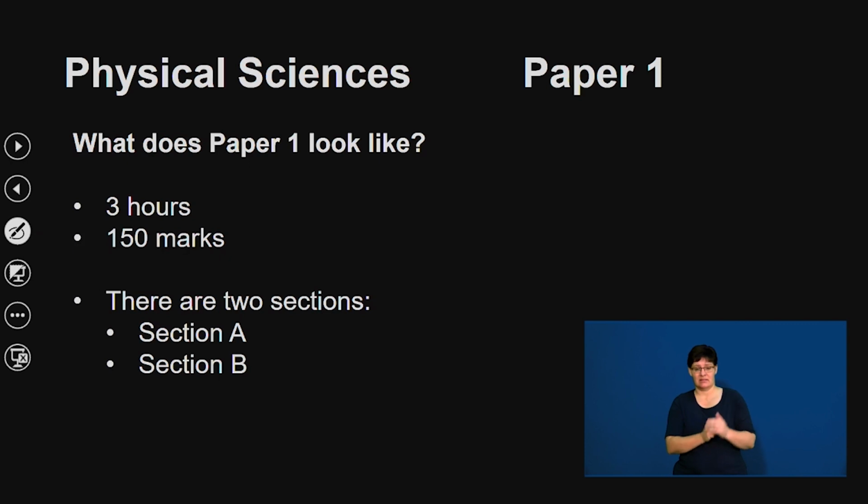The two sections that make up the paper are section A, which is based on multiple choice questions, and a lot needs to be done as far as multiple choice questions are concerned, in terms of readiness and preparation. And then secondly, we have section B, which are long or structured questions, okay? So this is basically the layout of the paper.